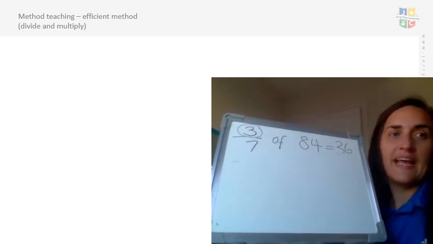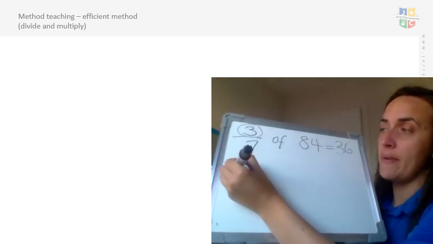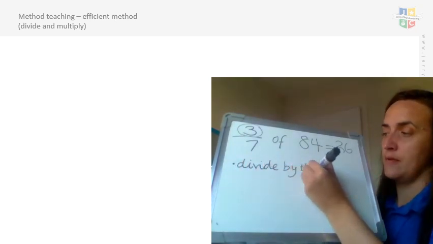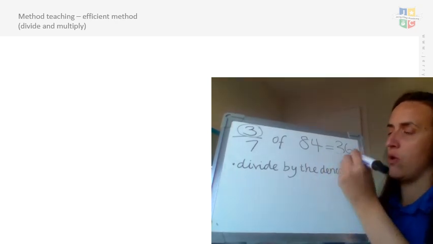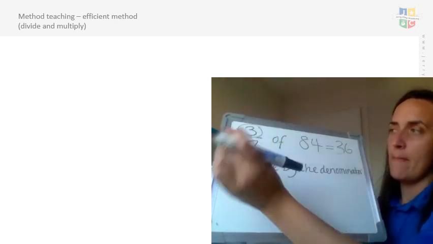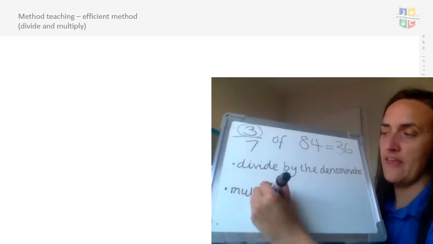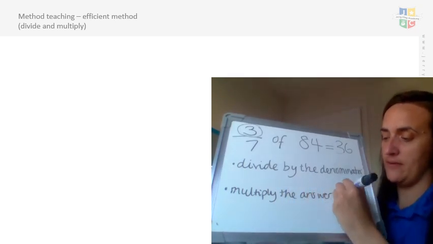So in efficient terms, we divide the amount by the denominator to get one of those. So to get 1/7, I divided 84 by 7, and then we multiply the answer by the numerator.